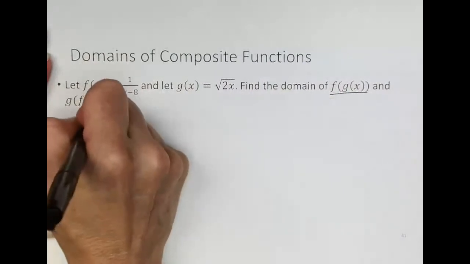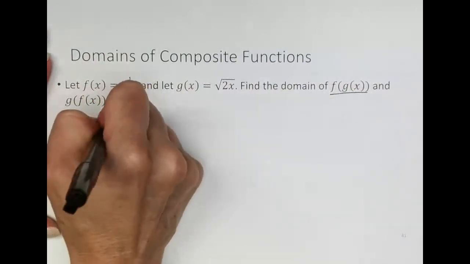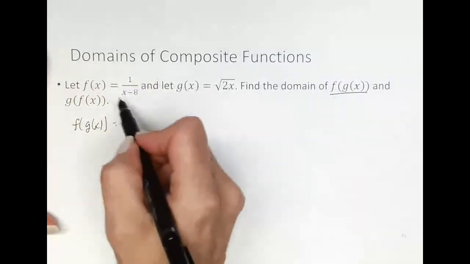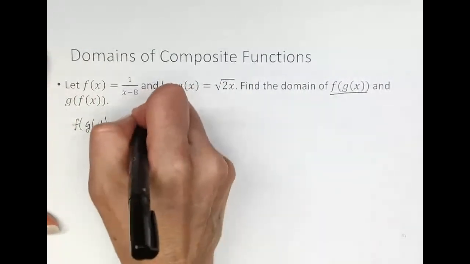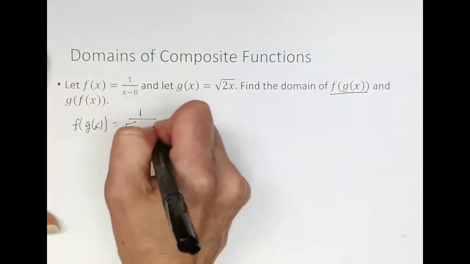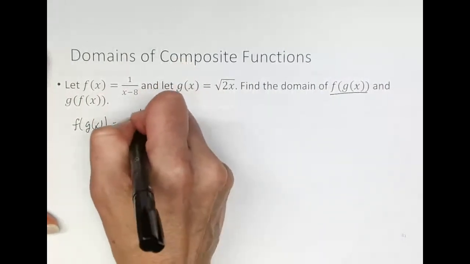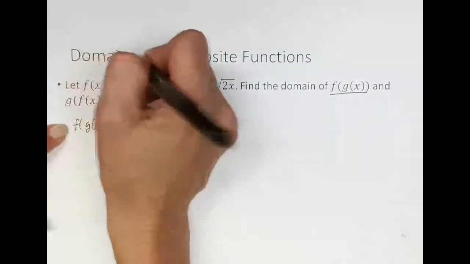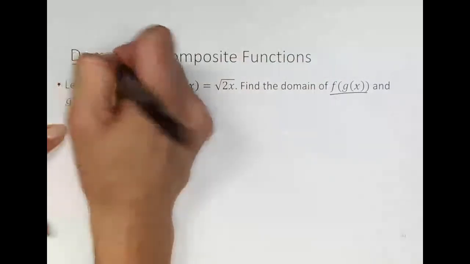F of g of x means all of g becomes the input, or the x, in f of x. So that's going to be 1 over, instead of x, the square root of 2x, then minus 8. So there's our composed function. To find the domain of composite functions, there's two things I need to consider.